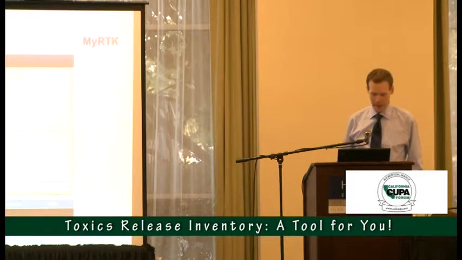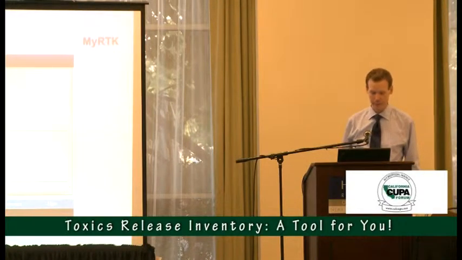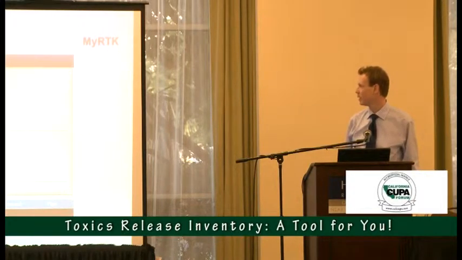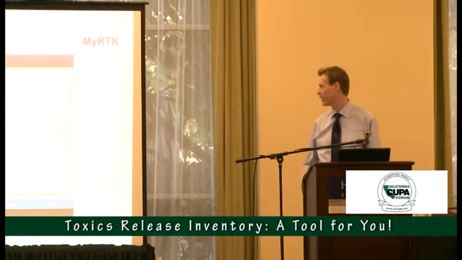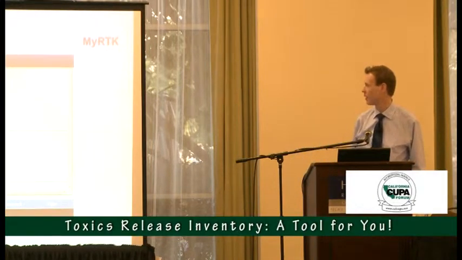This brings up our report for the facility, and this provides some of the information such as location, Toxics Release Inventory ID or facility ID, and that's a number that you can use to track that facility.